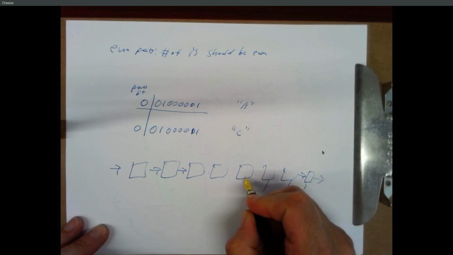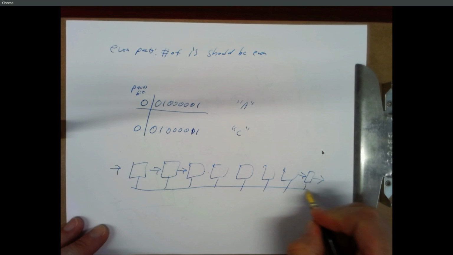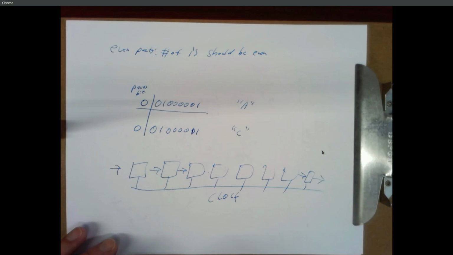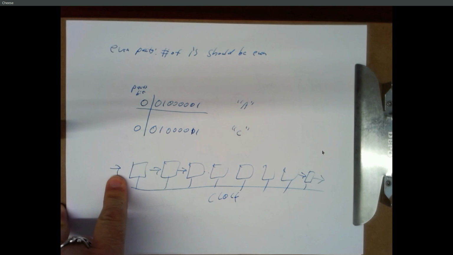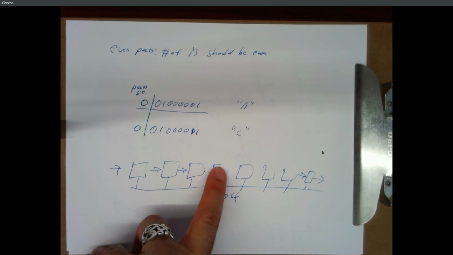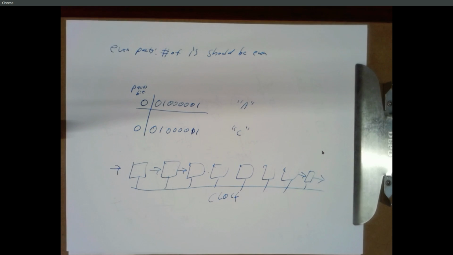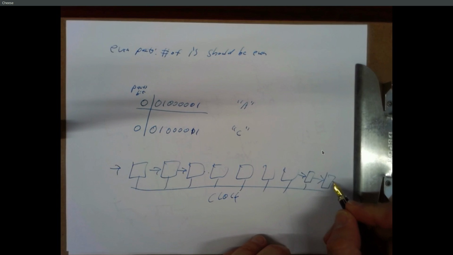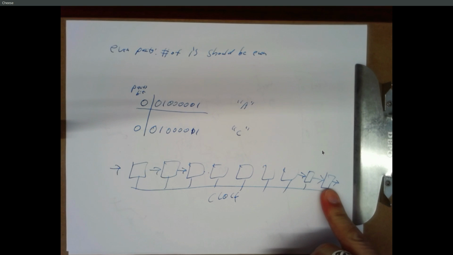So all of these get clocked together. And whatever bit you put here, after 1 clock tick, it shifts into the second stage. 2 clock ticks, it goes here. 3, 4, 5, 6, 7. Put 1 more on there. And after the 8th clock tick, it comes into this last stage. So it's a shift register.